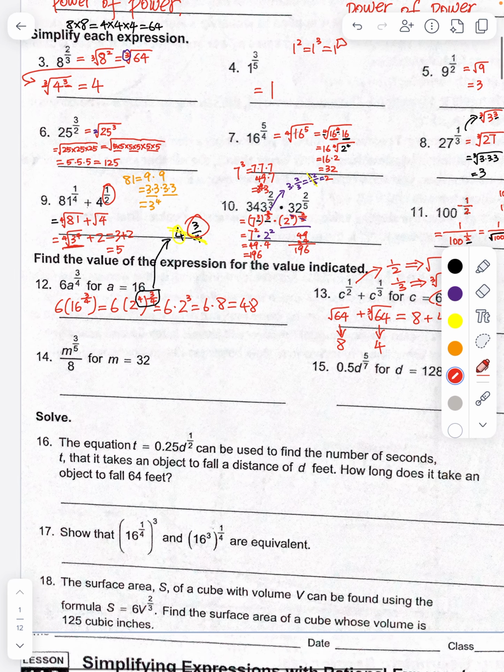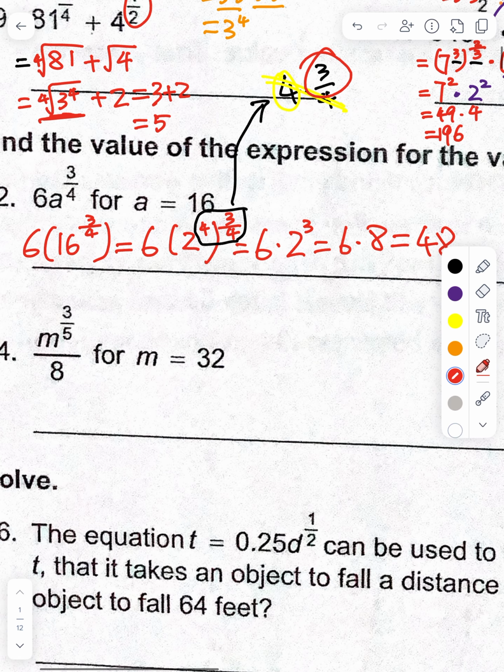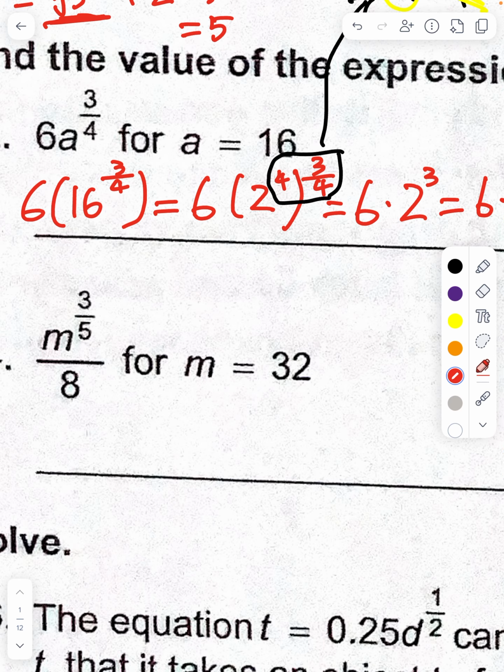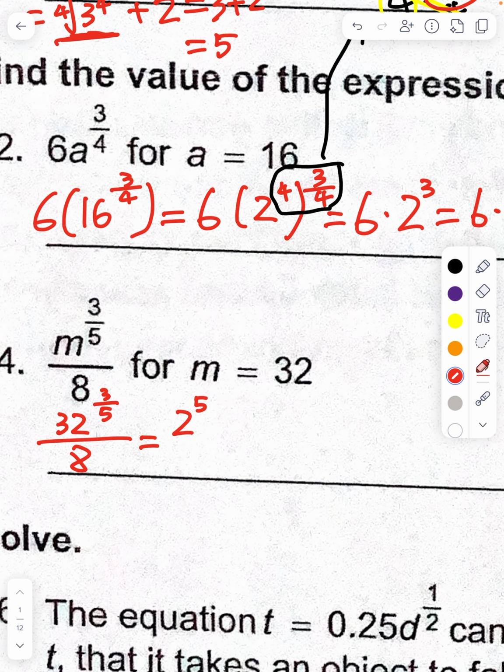Okay, number 14. Replace m by 32. So this equal to 32 raised to the power of 3 over 5 all over 8. Okay, 32. I can change the 32 to 2 raised to the power of 5.